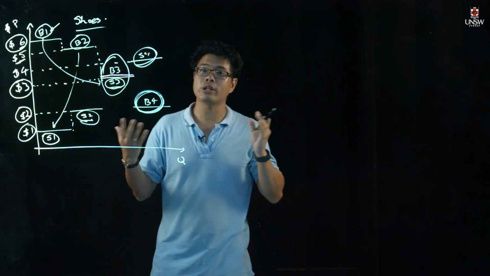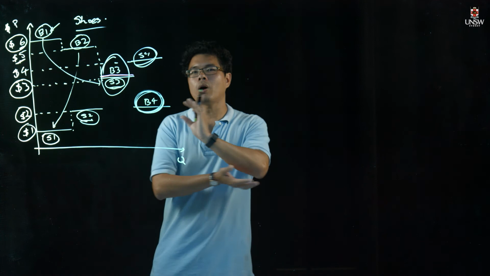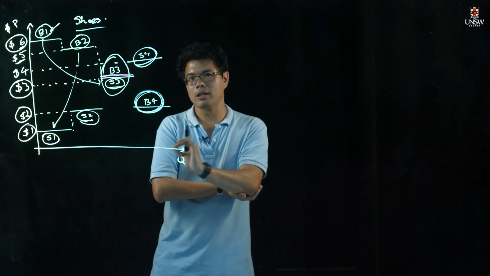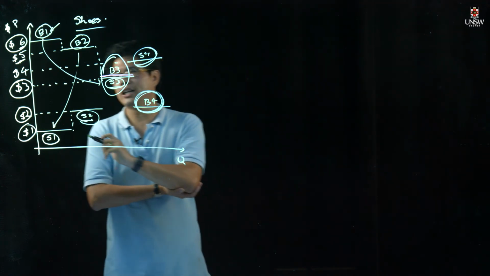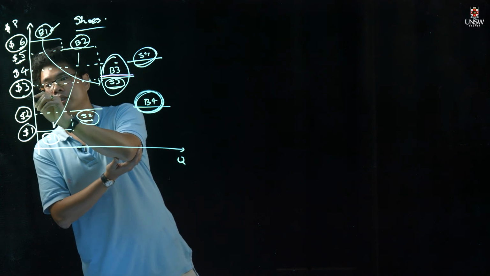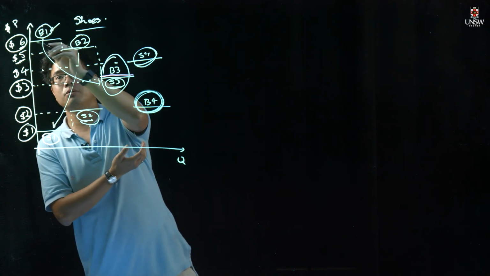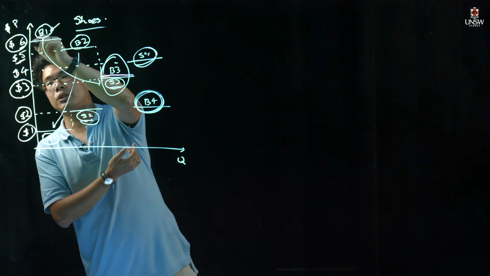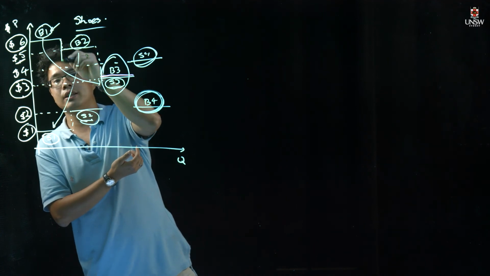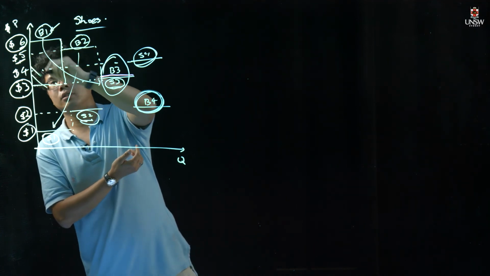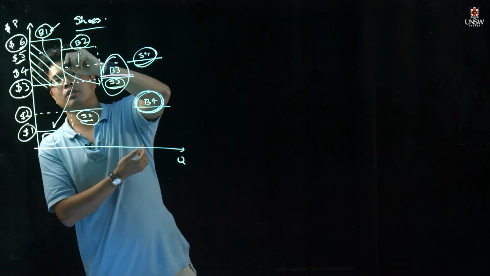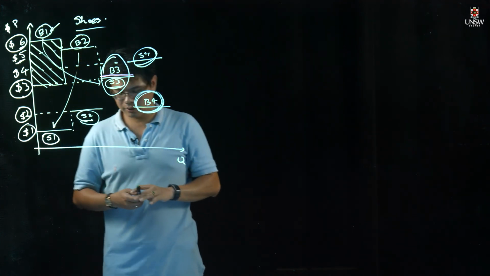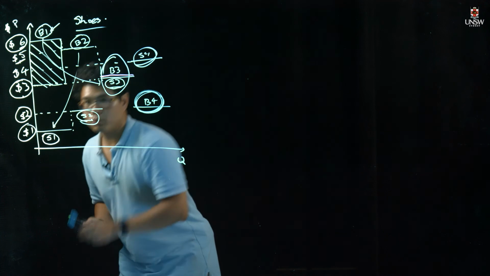That's also what we call his reservation price. But what is the actual price he pays? In equilibrium, the actual price he pays is $3. So this difference between $6 and $3 represents consumer surplus.